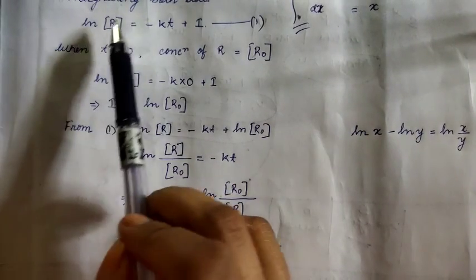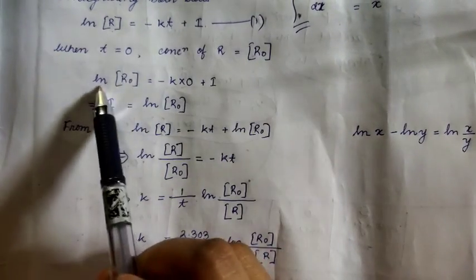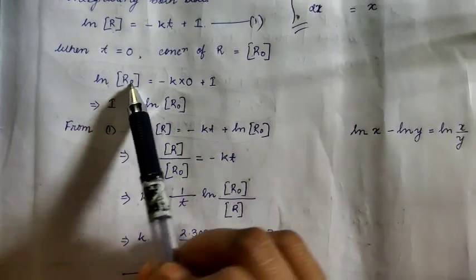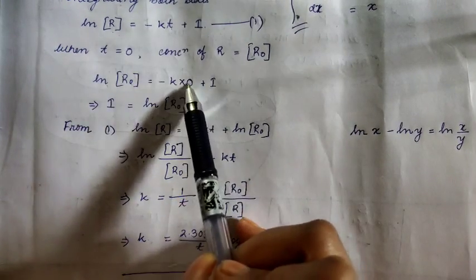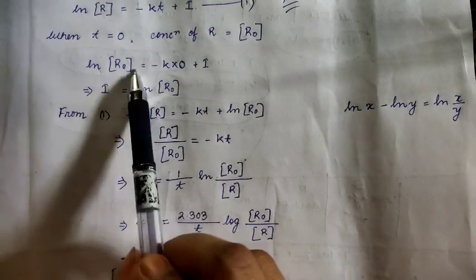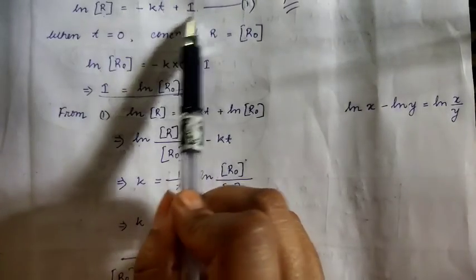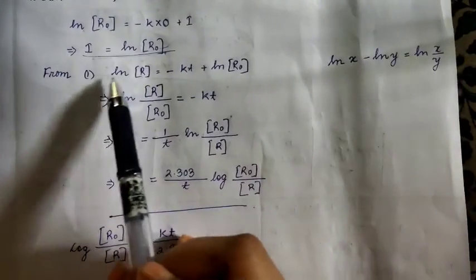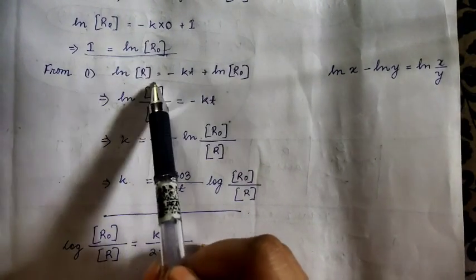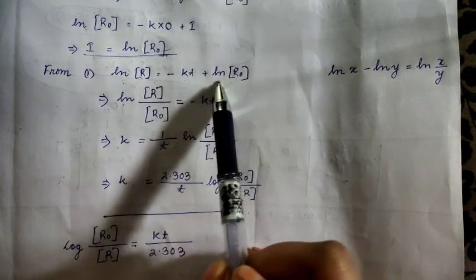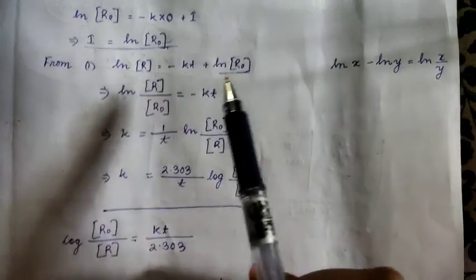So in place of concentration of R in equation 1, you can write R naught. Since t is 0 here, you will get I as ln R naught. Putting this value in place of I, from 1 you will get ln R equals minus kt plus ln R naught.